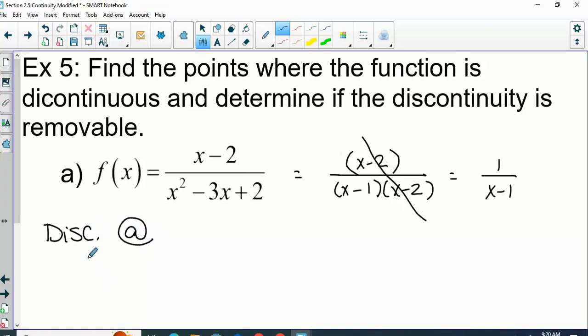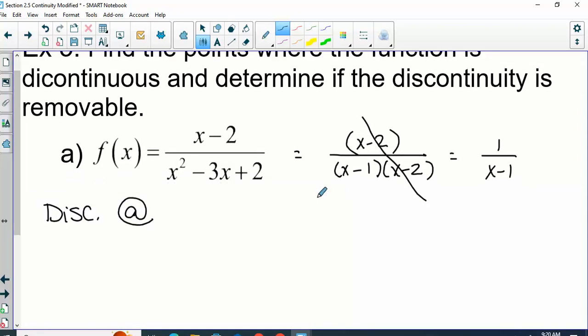All right, it's still discontinuous at two places. What would they be? 1 and 2, because it's discontinuous for each thing that makes the bottom 0. In a fraction, if it doesn't cancel out, that means we're going to get a vertical asymptote there.